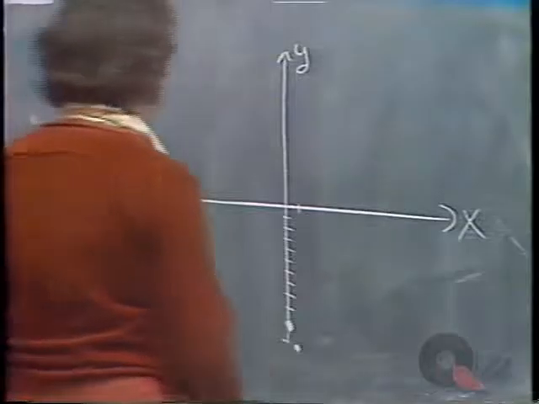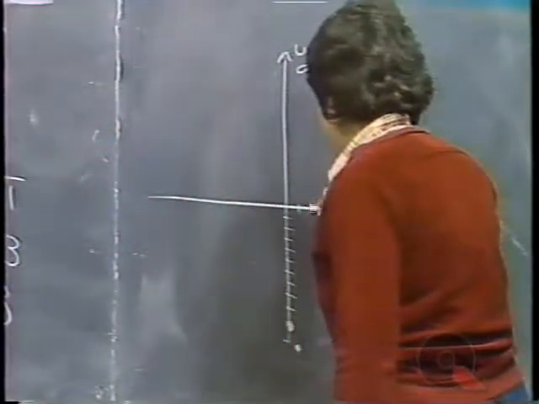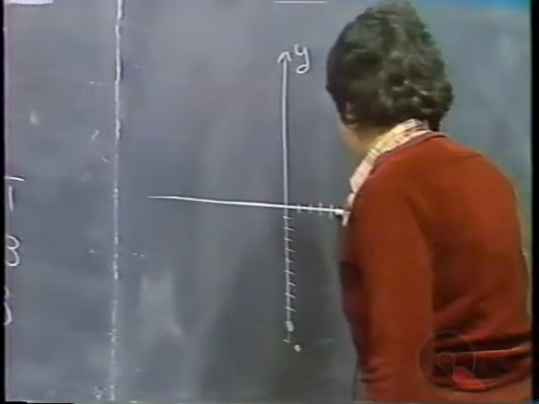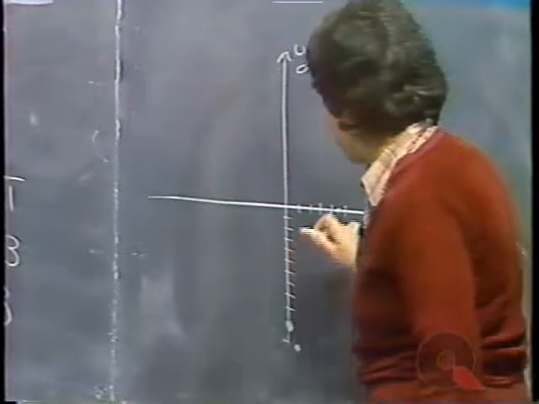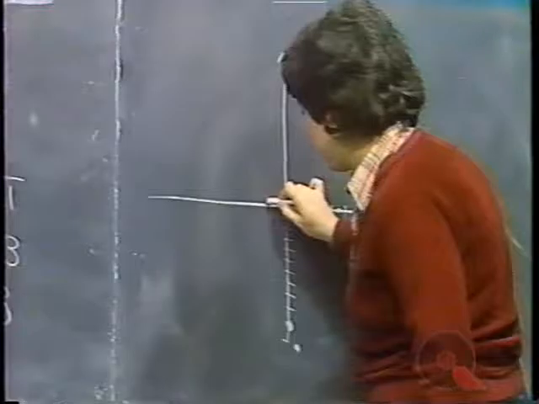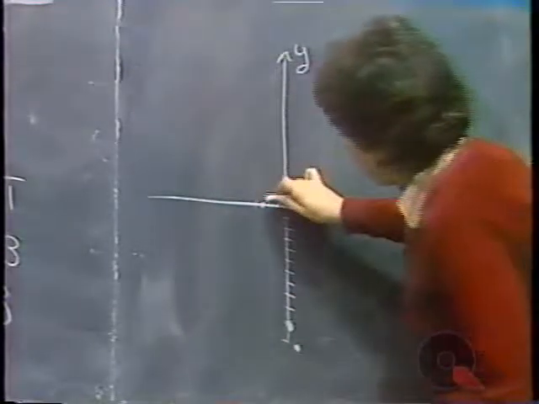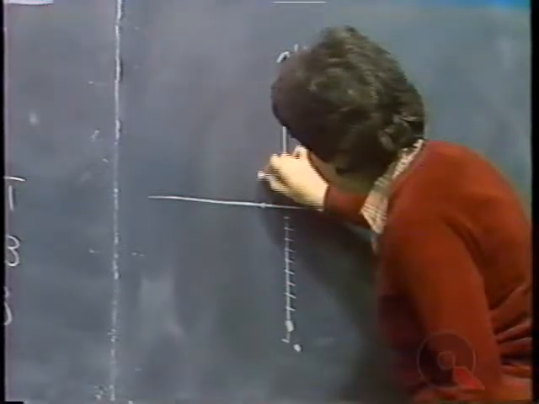The x-intercepts were about 4.3, right around there, and minus 2.3, around there. Okay, so we have a pretty good idea of what's going on here.